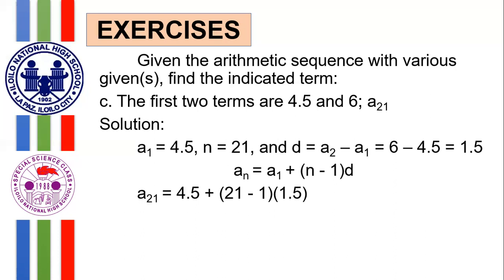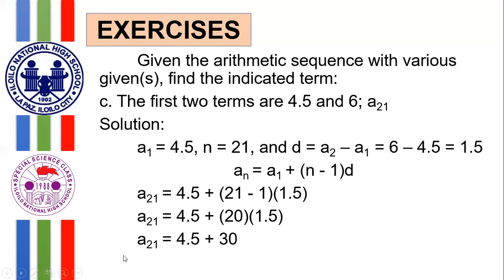You will still get the same correct answer. 21 minus 1 simplifies to 20, and the rest were copied. 20 times 1.5 is 30. That's why A sub 21 is equal to 4.5 plus 30, which is 34.5. I hope you got it.